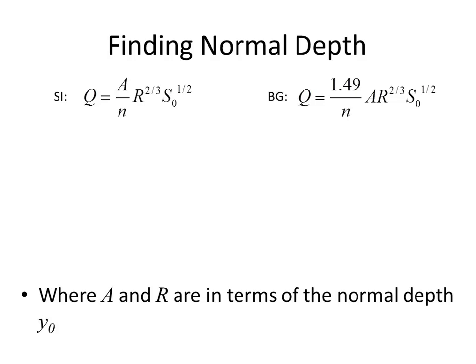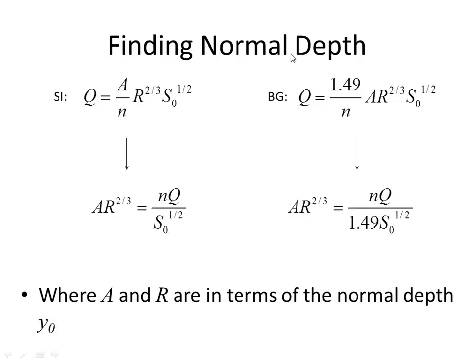All right, so like I mentioned, a big part of this next assignment is just solving Manning's equation to find the normal depth. So Manning's equation we can express both in terms of SI units or British gravitational units, the difference being this factor of 1.49.